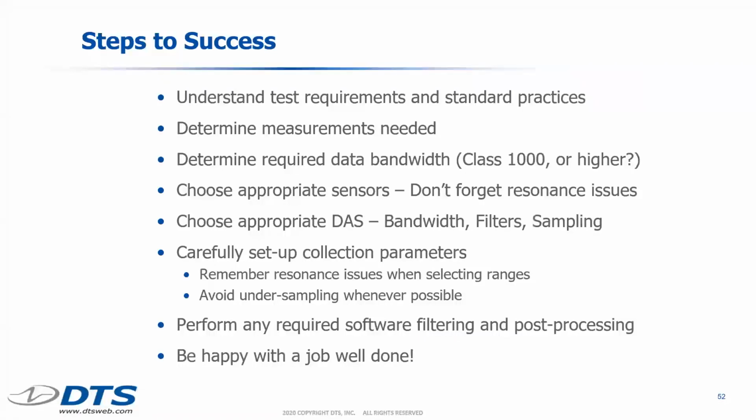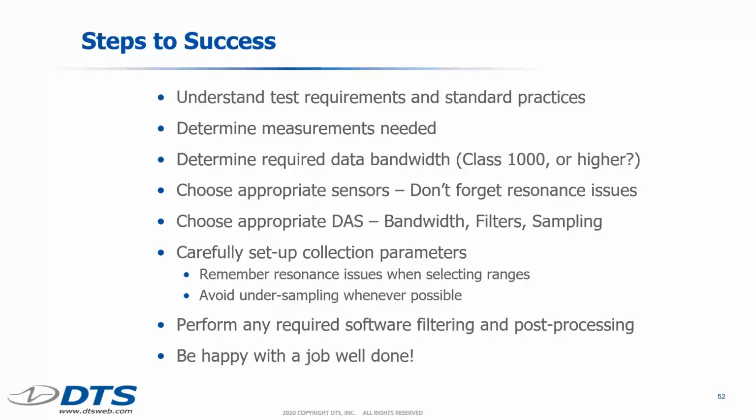So, steps to success. Number one, understand the test requirements and standard practices in the world you're working in. Determine what measurements are needed to fulfill your mission. Determine the required data bandwidth. Remember, data bandwidth is not the same as sampling rate. Data bandwidth is what we call the frequency of interest. And that can be anywhere from a few hertz to hundreds of thousands of hertz. Choose appropriate sensors, and don't forget the resonance issues that we're going to talk about in session 2.